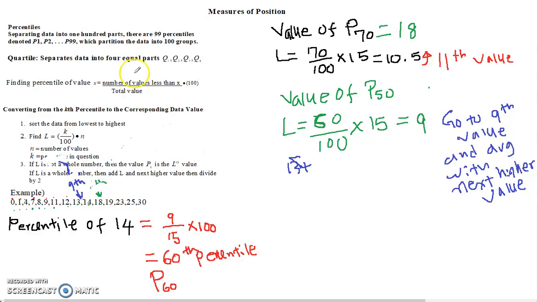Let's do this again. Okay, so we have 13 plus 14 divided by 2, that would be 13.5.